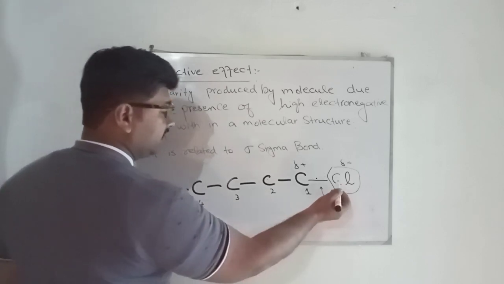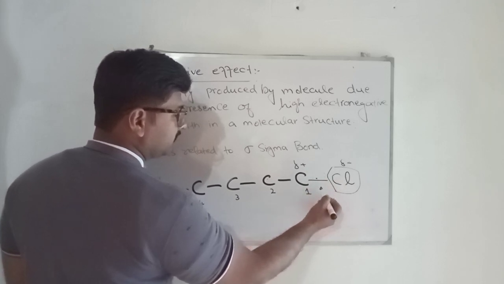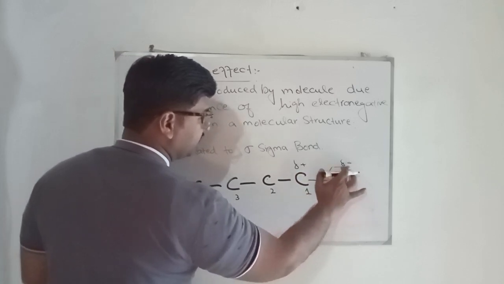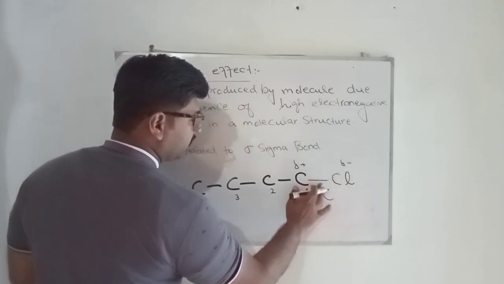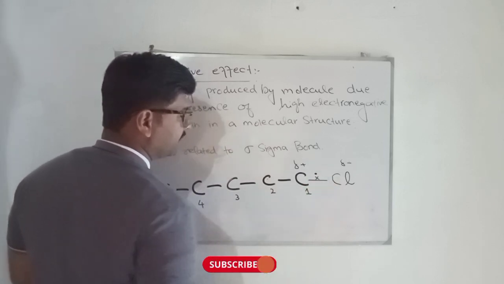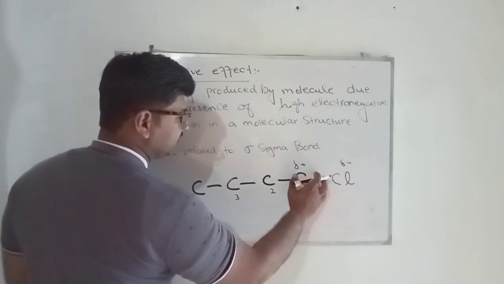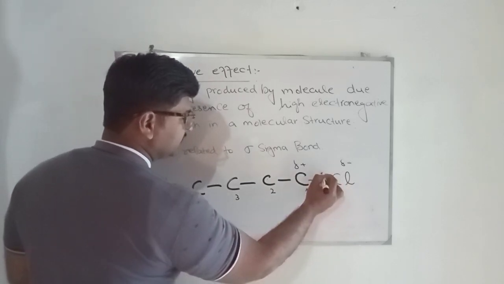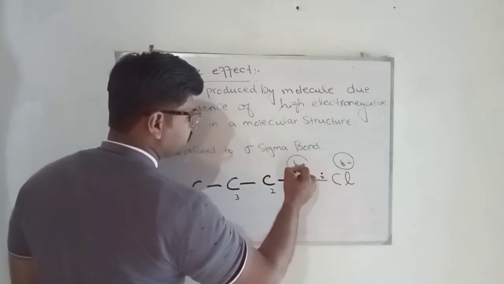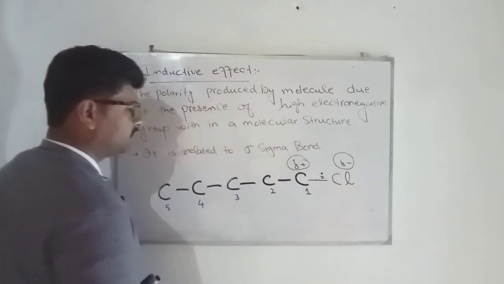Now the question is, will the chlorine atom attract these sigma electrons that are bonding pairs? The answer is yes. We have understood that where there is a bond, there are two electrons present. Now what chlorine will do is it will attract these towards itself. Thus there appear partial charges which are represented by partial negative and partial positive.